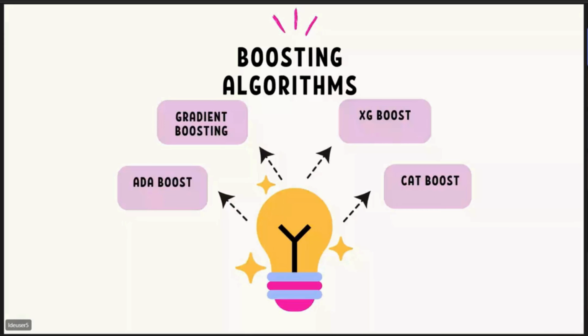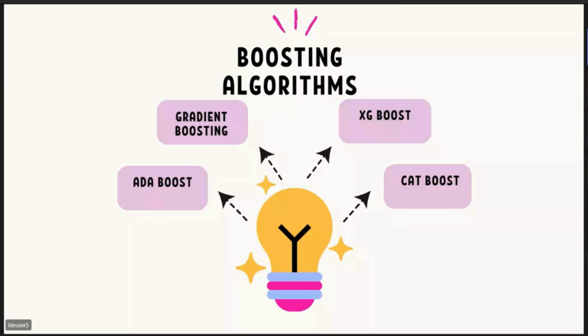Okay, so some of the common boosting algorithms that you will come across are AdaBoost, gradient boost, XGBoost, and CatBoost, right? So all these boosting algorithms work as I mentioned, and rather than going for individual models, always bagging as well as boosting algorithms give better results.